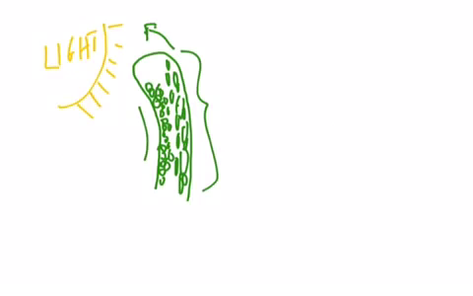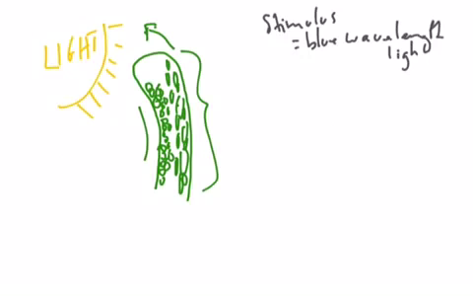So to sum up, the stimulus will be the blue wavelength of light. The receptor will be phototropin proteins embedded in the membrane of the cells in the tip of the plant.